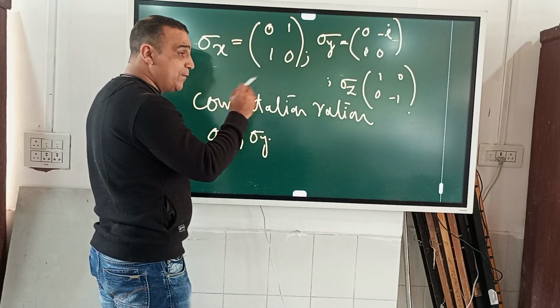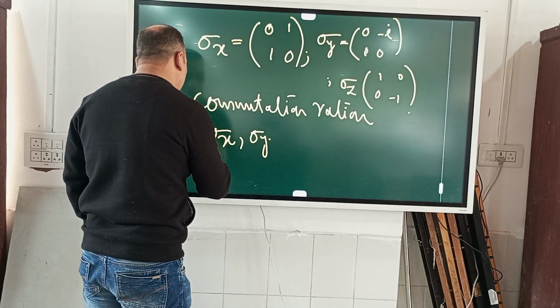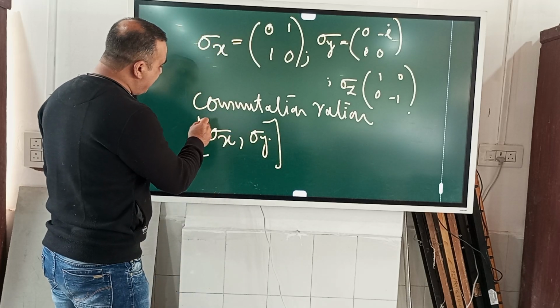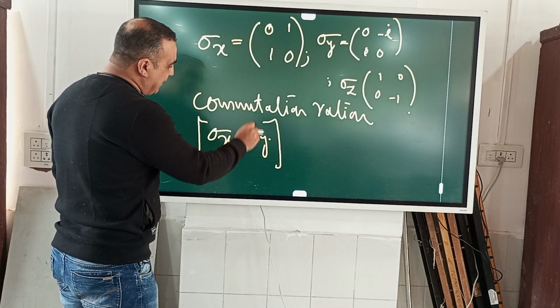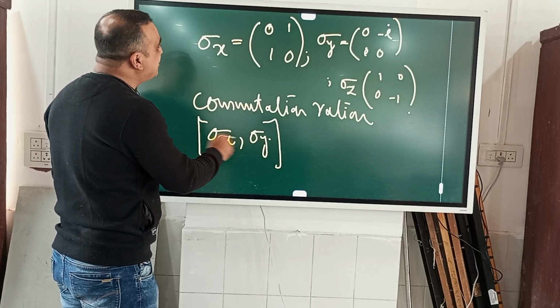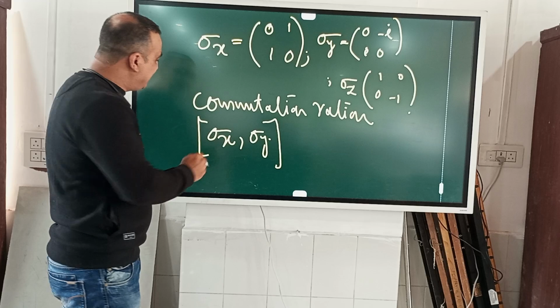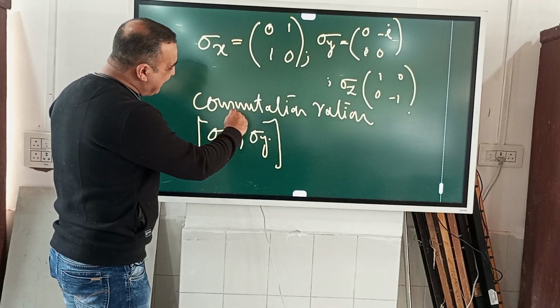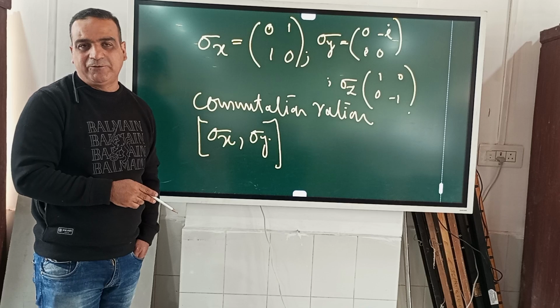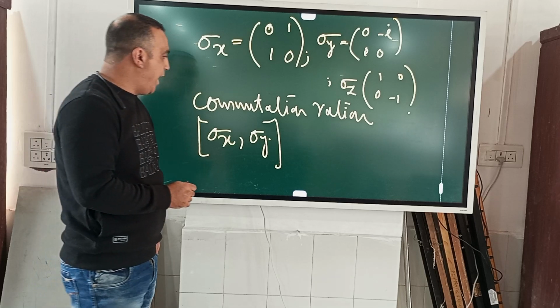They are 2 by 2 matrices. I want to calculate the commutation relation, so you put brackets outside these two operators, indicating that you are going to calculate the commutation relation between sigma x and sigma y.